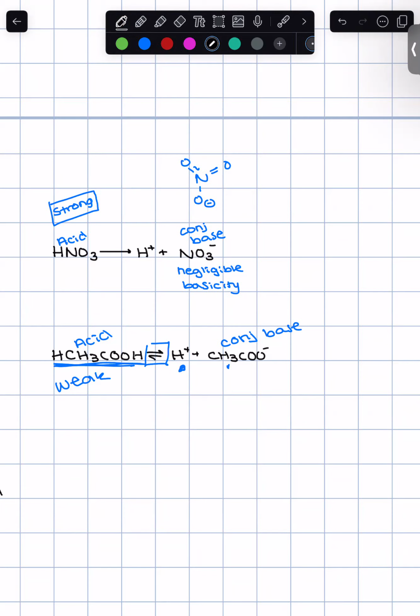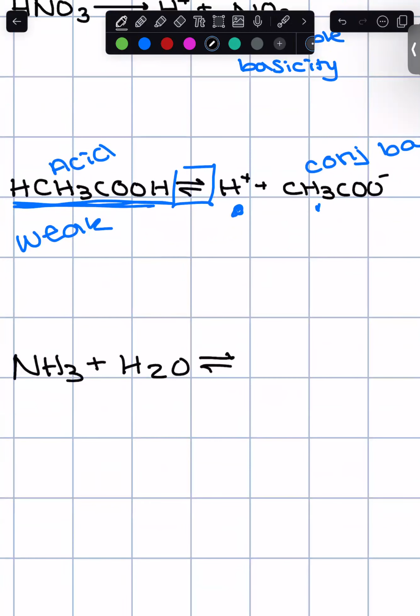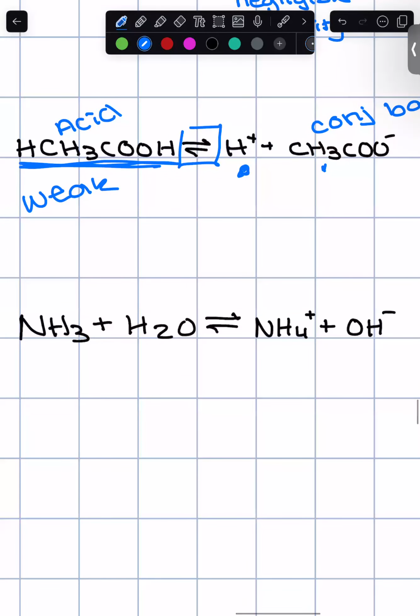And it also works for bases too. Like, I like ammonia. Ammonia is not on your list of strong bases, so it is a weak base, which means that, yeah, this is the base.